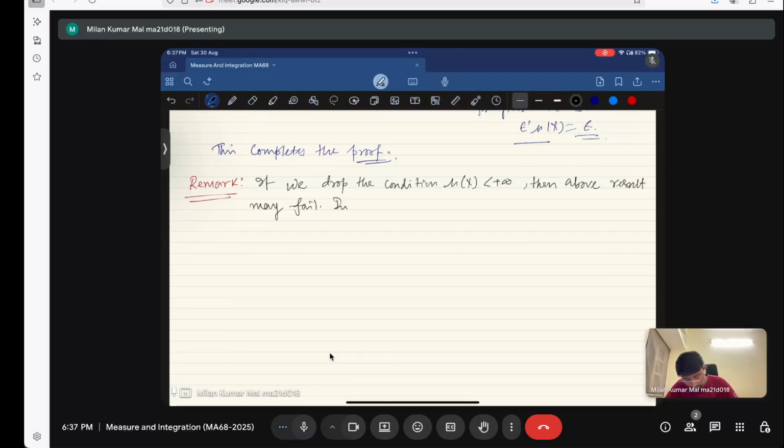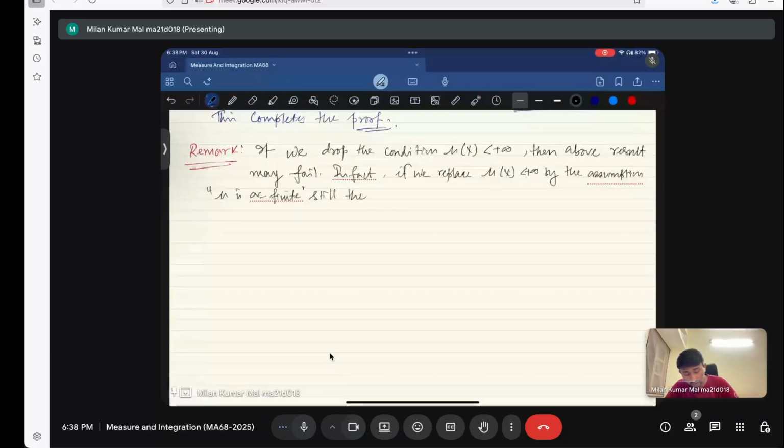In fact, if we replace the assumption by mu is sigma finite, still the above result may fail.